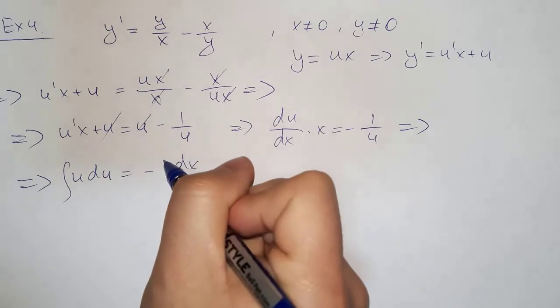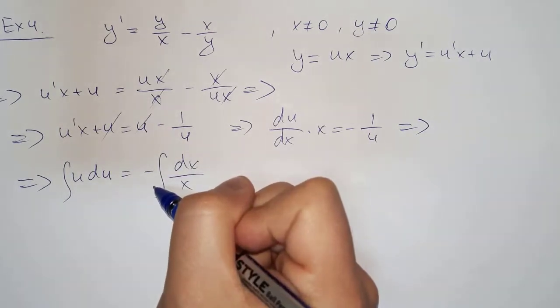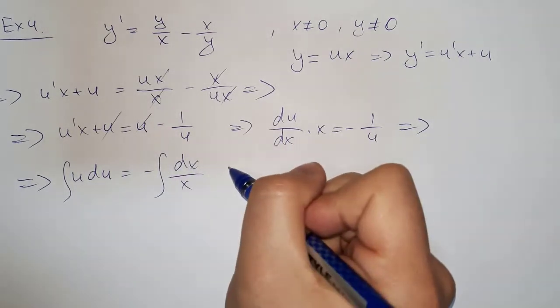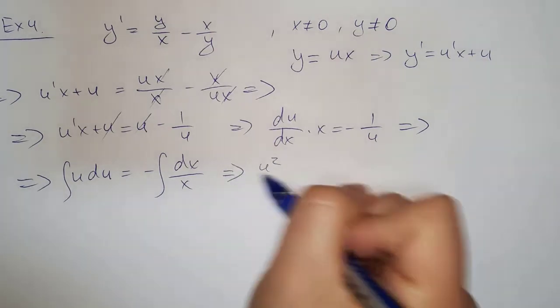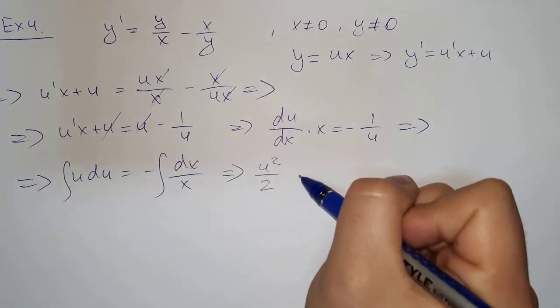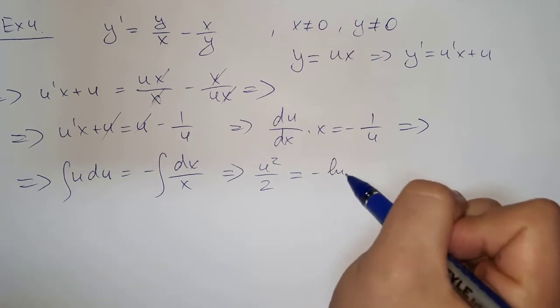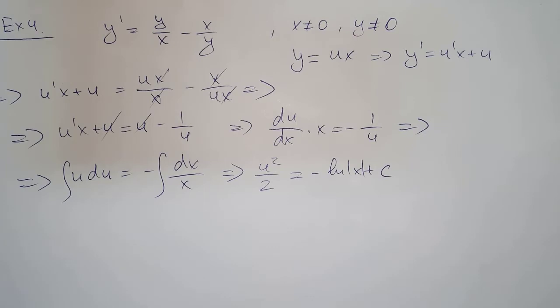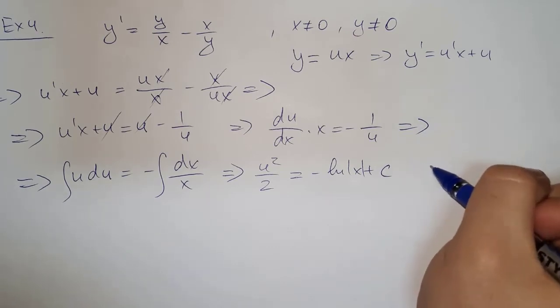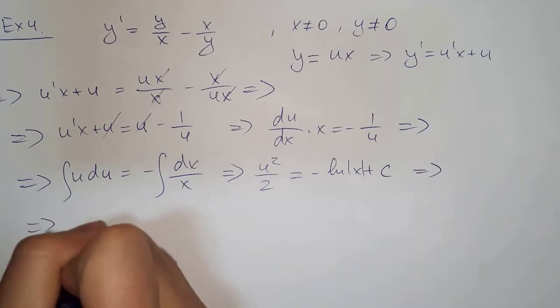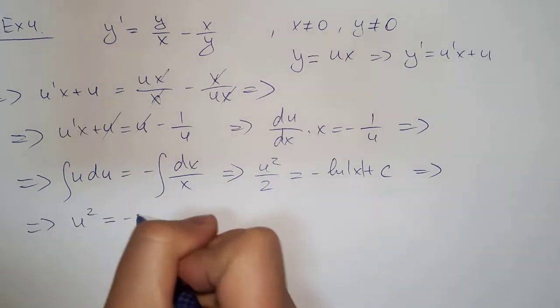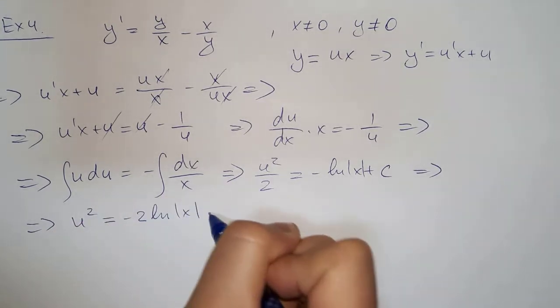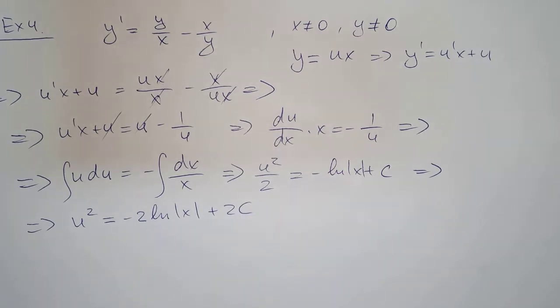Let's integrate both sides of our equation, and we obtain that u squared over 2 will be minus natural logarithm of x plus a constant. Or let's multiply by 2 both sides of our equation, and we'll get u squared equals minus 2 natural logarithm of x plus 2c, or any other constant, just c.